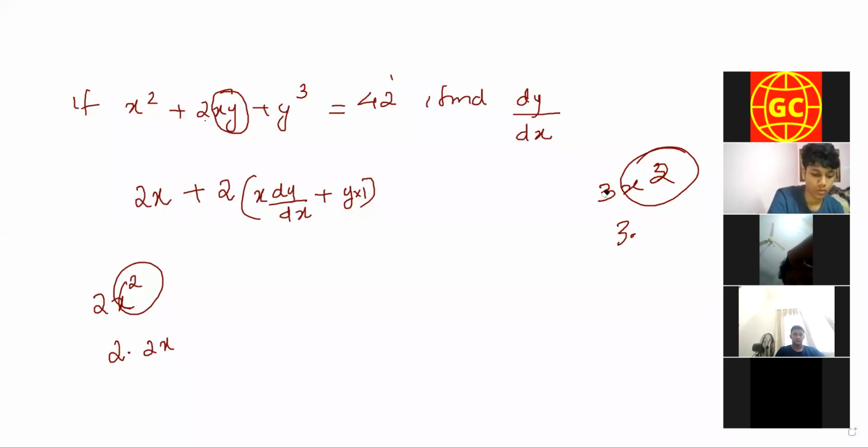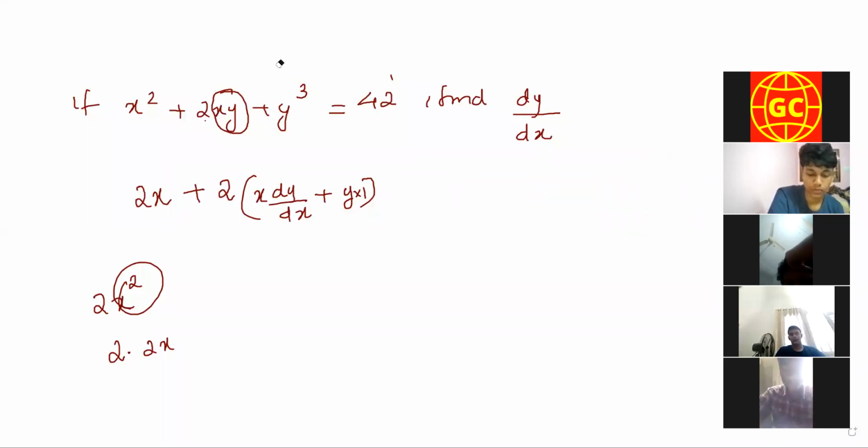Same thing only I am doing here. Keep 2 out, then I am taking the derivative of xy. Otherwise it will be more complicated. Keep 2 as such. If a number is coming multiplied, you can keep that number here and take the derivative of that function.